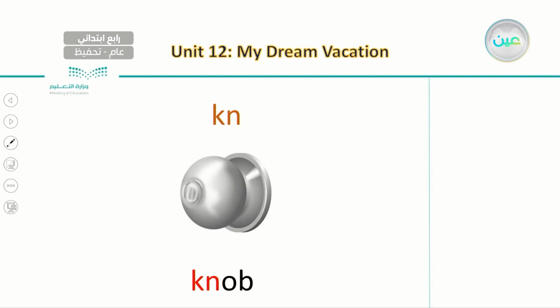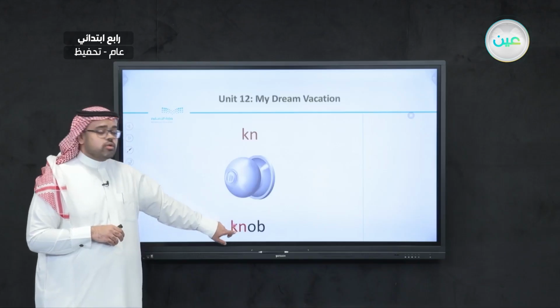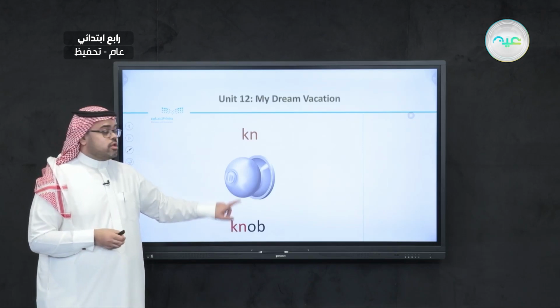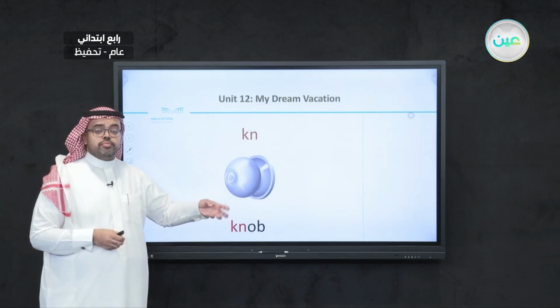The first word is knob. Say after me, knob. Knob starts with K-N-O-B, but when we pronounce it, we keep the K silent and only say knob, which is a doorknob.